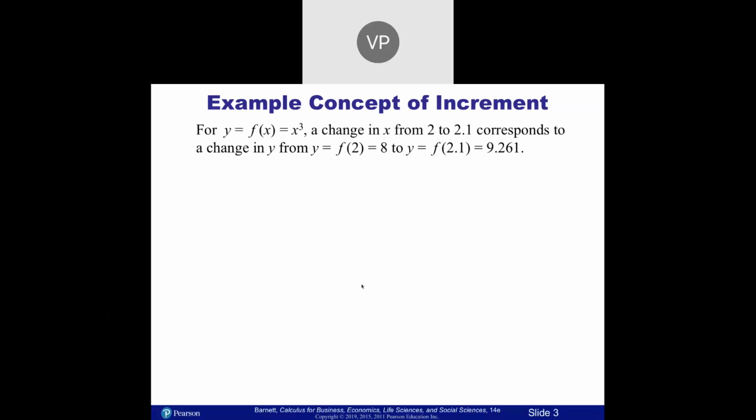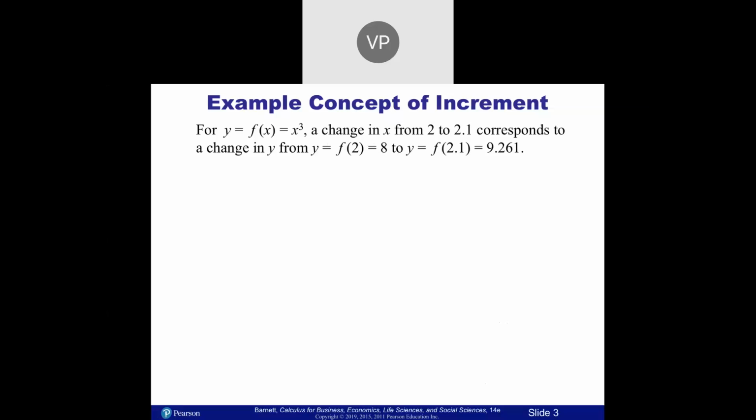We have a function here, f of x equals x to the third, or y equals x to the third. We have a change in x, so the x is going to change. It's going to go from 2 to 2.1, and it means we're going to have a y value that changes also. If you plug in f of 2, the original number, into this formula, we get 8. 2 to the third is 8. You plug in 2.1, it's going to be slightly larger.